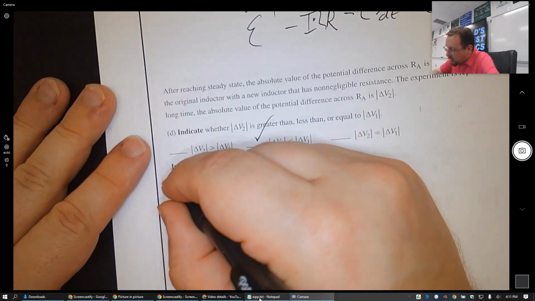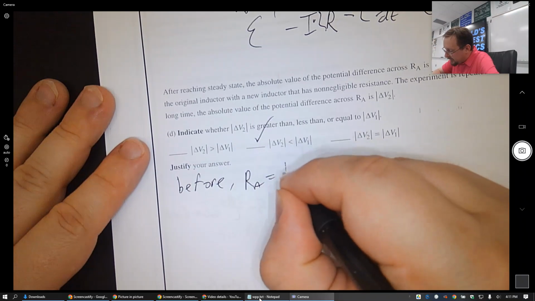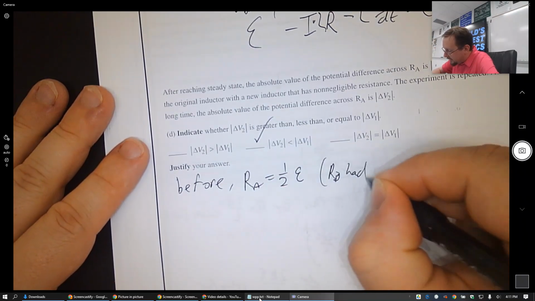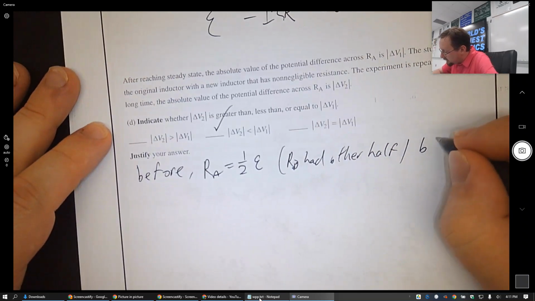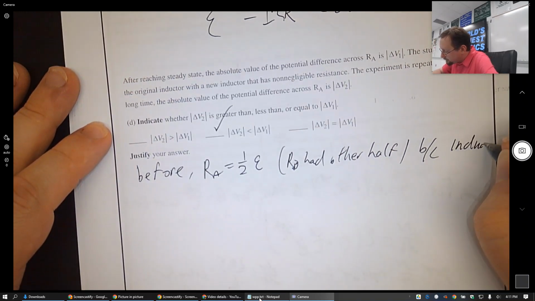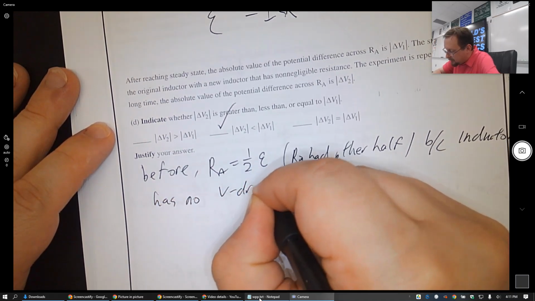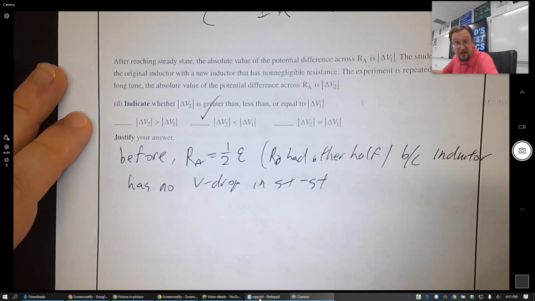Before, RA was equal to half the EMF and RB had the other half, because the inductor has no voltage drop in the steady state. I said this on the previous set.